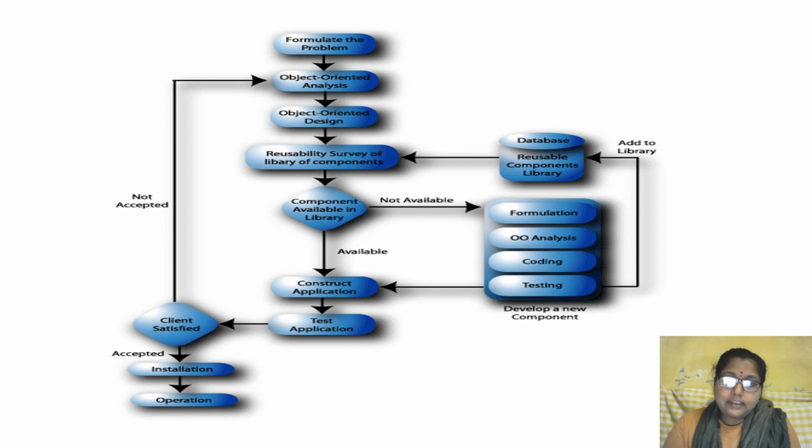If the library components are available, then we go to construct the application. Then we test the application. After testing, if the client is satisfied, we go to installation and operation. If the client is not satisfied, then we go to the analysis step and follow the steps again to develop the software.